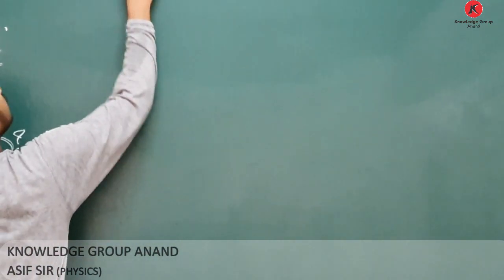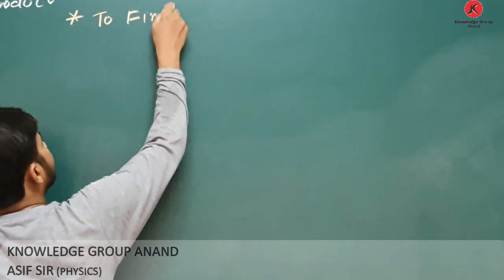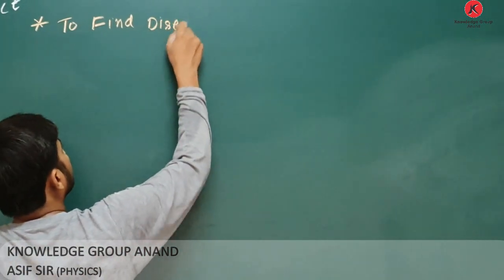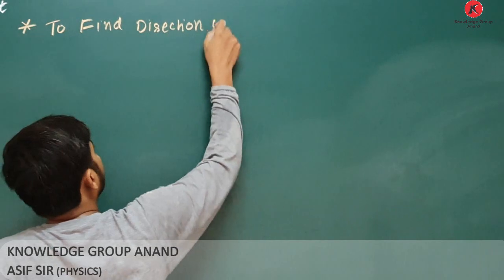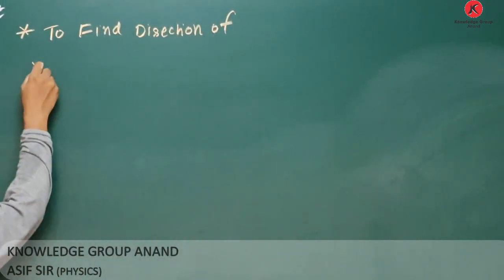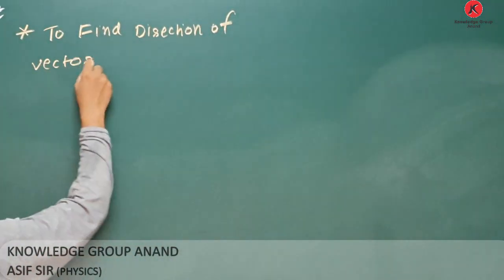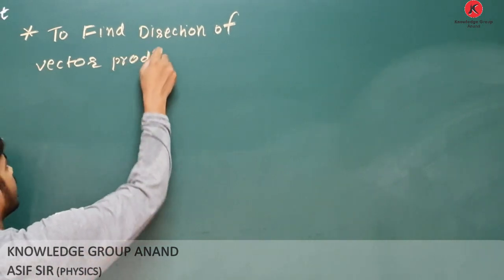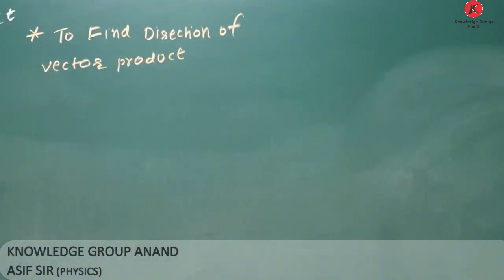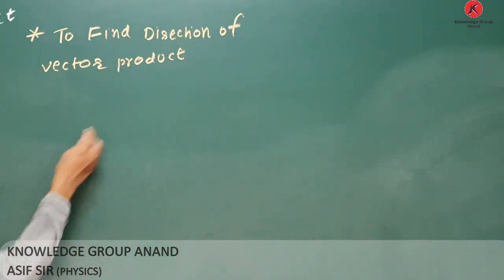Right hand screw rule method to find the direction of vector product. How to find it? I am taking two vectors, like this.